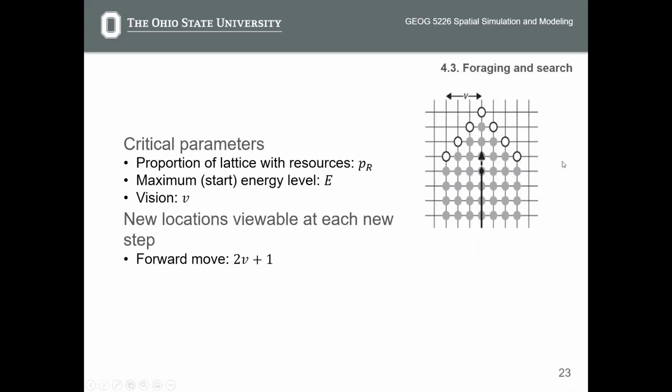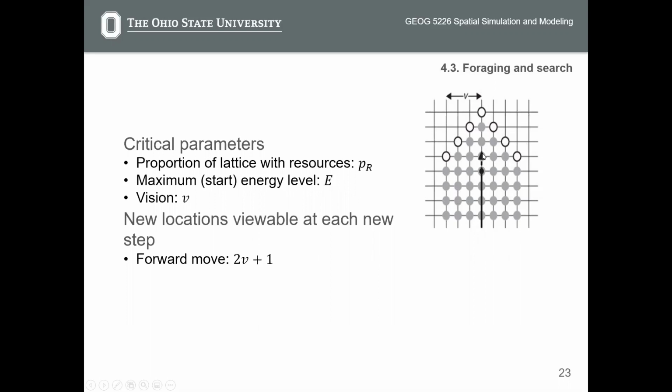And you need to know that when new sites are discovered, the walker will also have the information about resources on these new sites, which means that if 1 or more new sites have resources, have food on them, the walker will know. For this specific example, currently the walker is standing here at this black point.